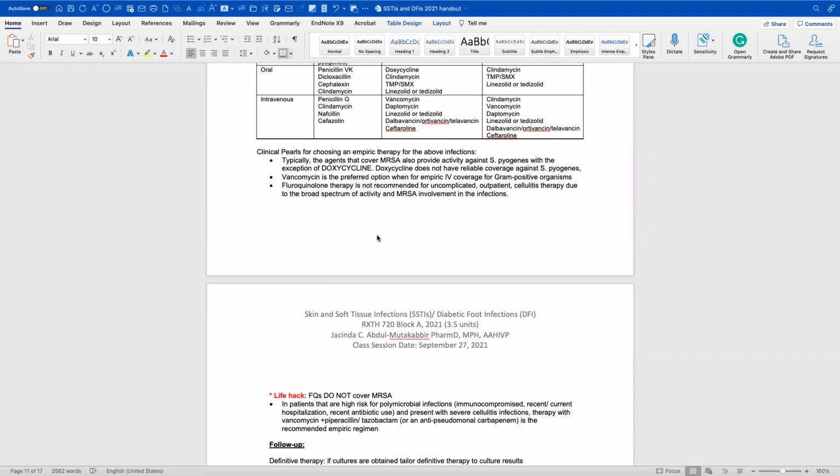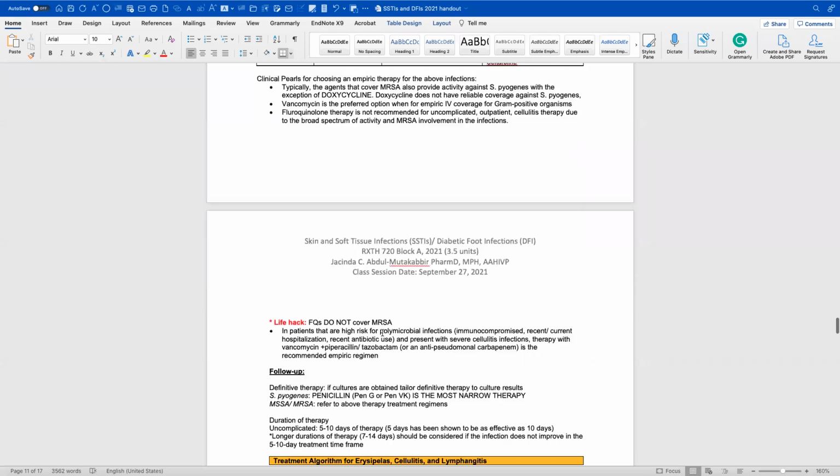Vancomycin is that preferred option when empiric IV coverage is needed for gram-positive organisms. Fluoroquinolone therapy is not recommended for uncomplicated outpatient cellulitis therapy due to its very broad spectrum of activity, and also the MRSA nature in which infections can present. So you don't want to use fluoroquinolones because they do not have MRSA activity.